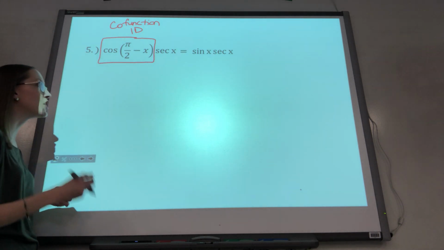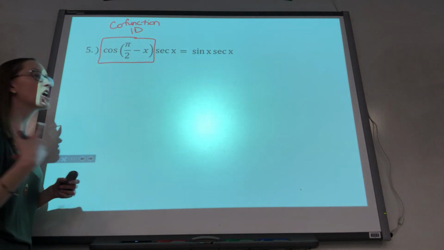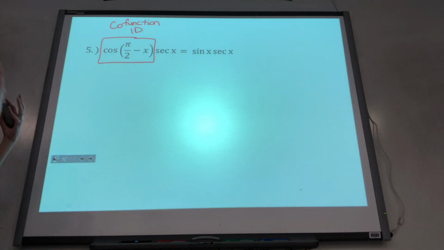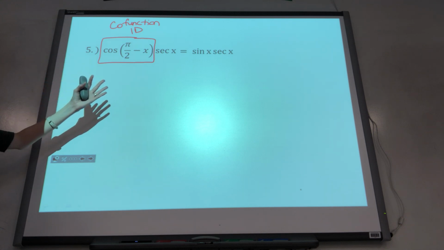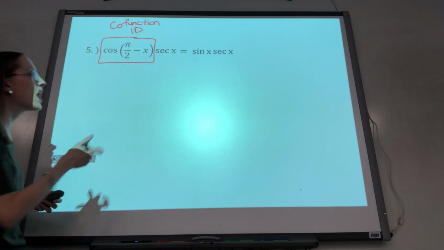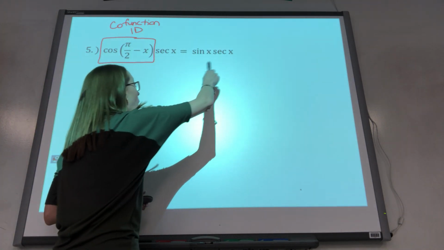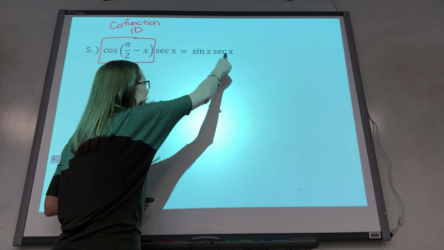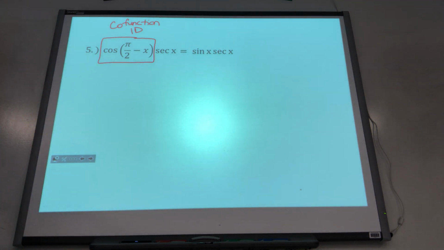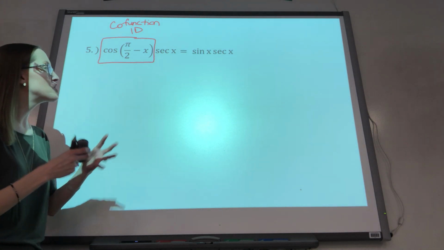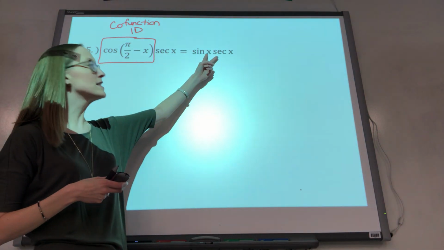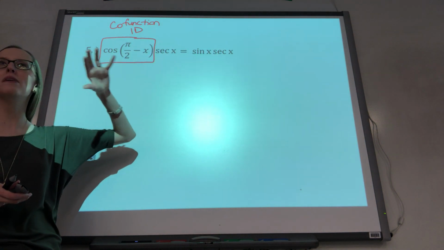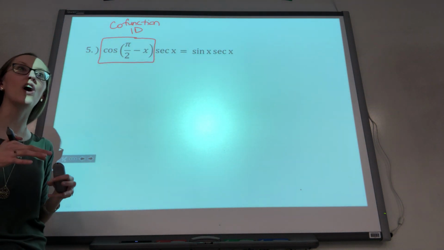I've still got two. So then I start to brainstorm, could I rewrite sine so it has something in common with secant? Or could I rewrite secant so it has something in common with sine? You may not get much in common on this problem, but does anybody maybe have an idea of where we should go?